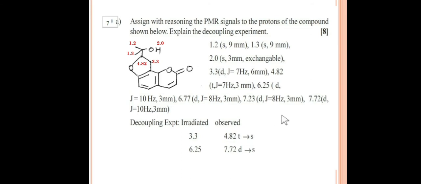That means the most downfield signal will be the 7.72 doublet in this case. Also J is 10 Hz, which supports the cis coupling of a double bond, not aromatic coupling. That means 7.72 is cis coupled with its partner, and it is downfield because it is a beta carbon. So let's assign 7.72 to the beta carbon.